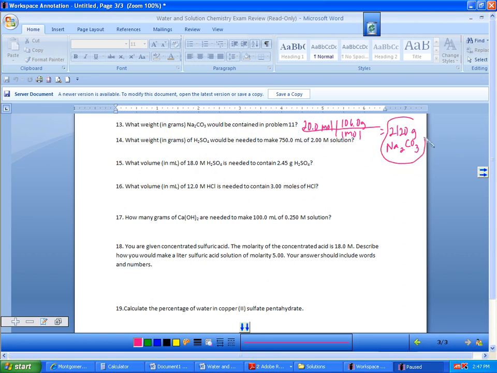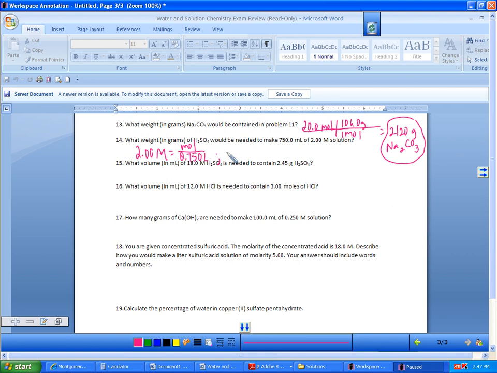Good answer there. Okay, what weight in grams of H2SO4 would be needed to make 750 milliliters of 2.00 molarity? So I'm going to say, well, 2.00 molarity, capital M, sorry, is equal to moles over, now milliliters has to be in liters, so that's 0.750 liters.